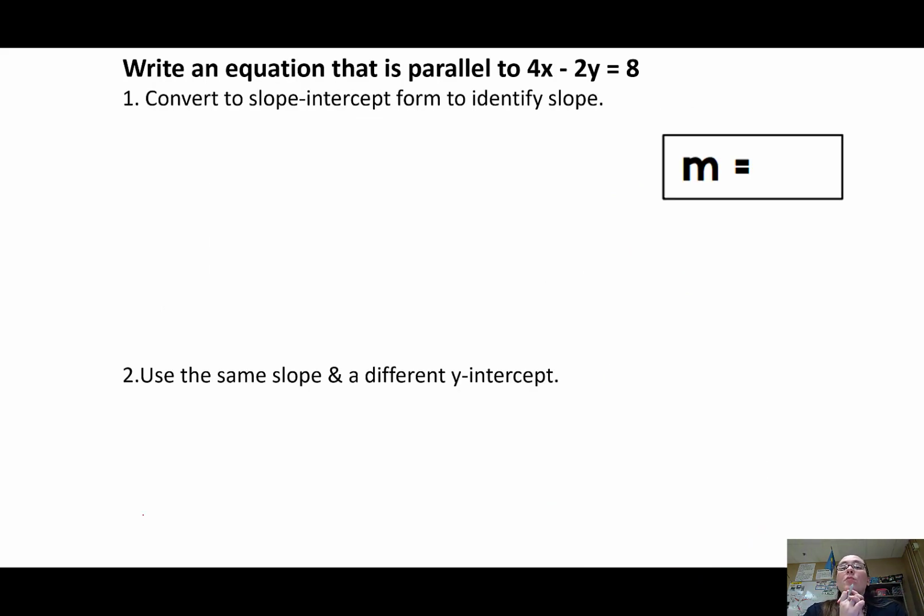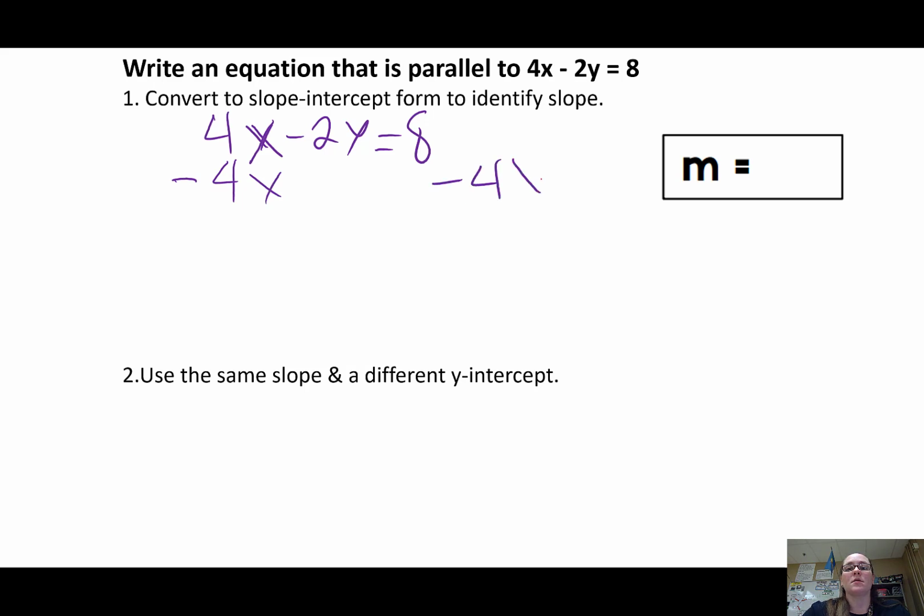Okay, the next thing. We're going to write an equation that is parallel to 4x minus 2y equal to 8. So first thing we need to do is figure out our slope. So we're going to have to convert to slope-intercept form to do that. So we've got 4x minus 2y equal to 8. First thing, we move the x by doing its opposite.